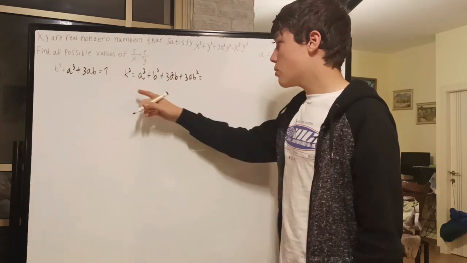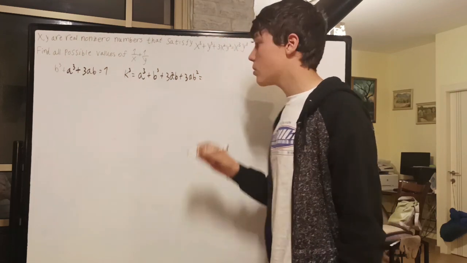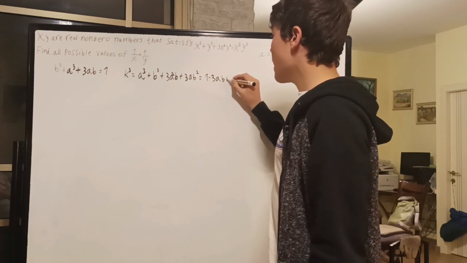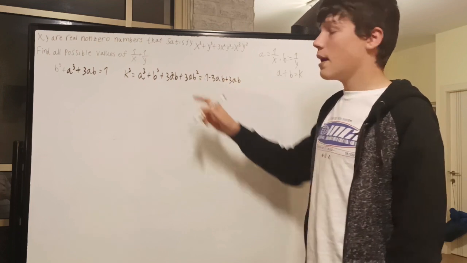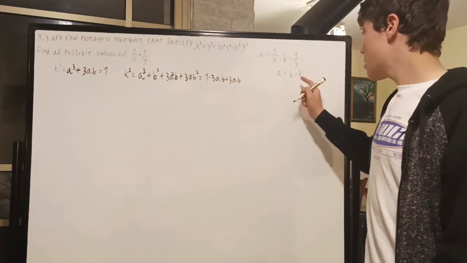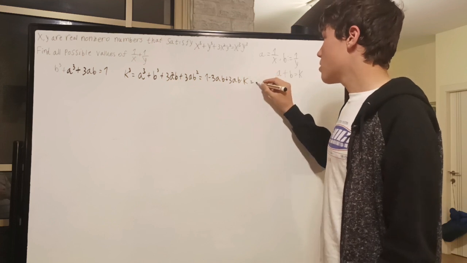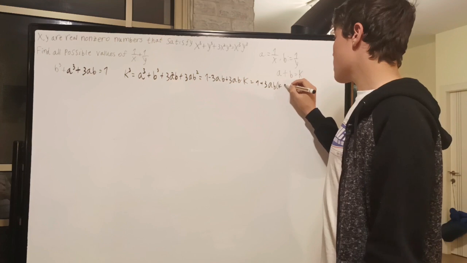Now we know what a cubed plus b cubed is. Move this to the other side. That's 1 minus 3ab. And I can factor out 3ab here and get a plus b inside the brackets. So I'm just going to write that as times k. So this is 1 plus 3ab times k minus 1.